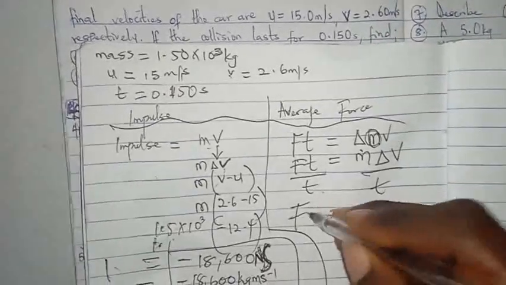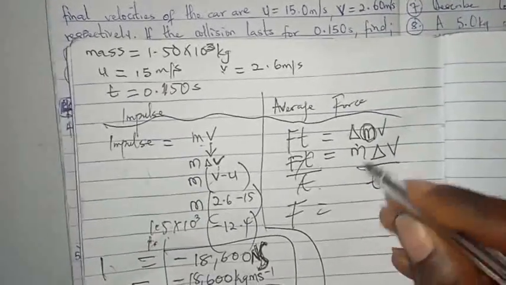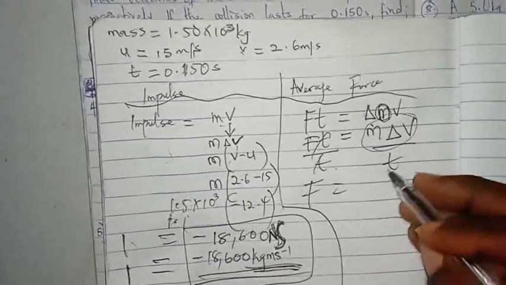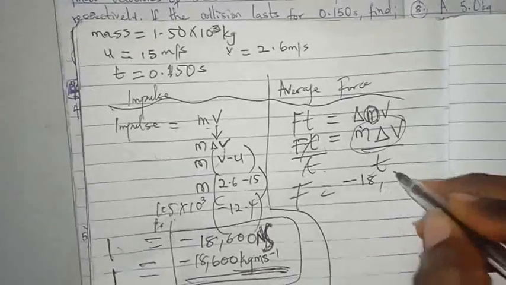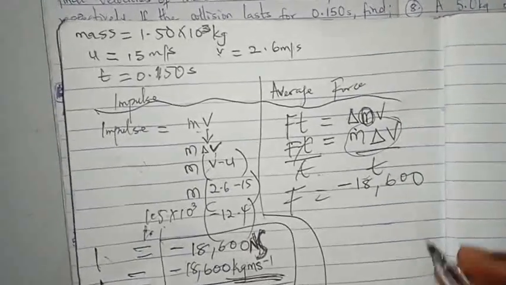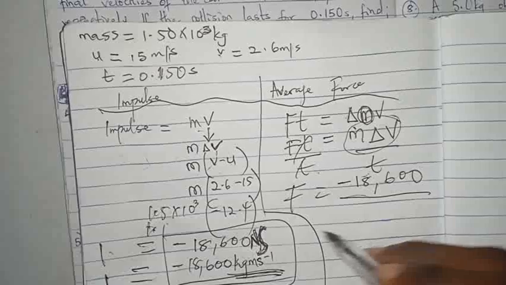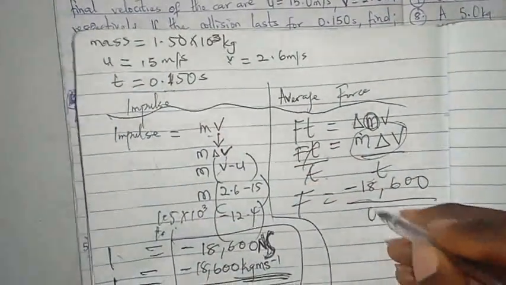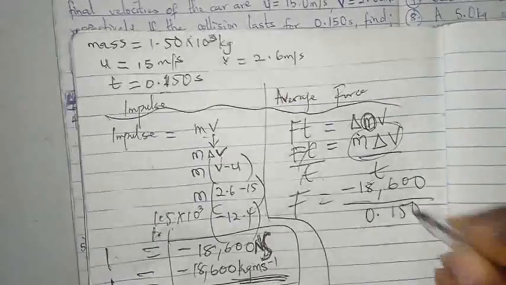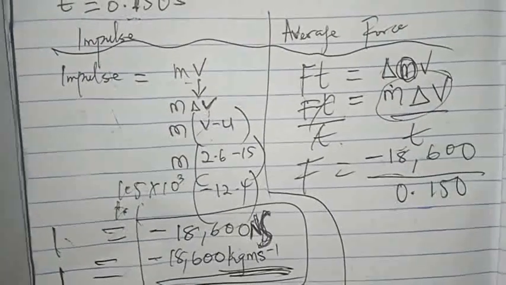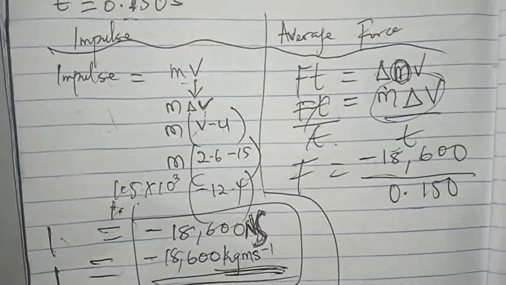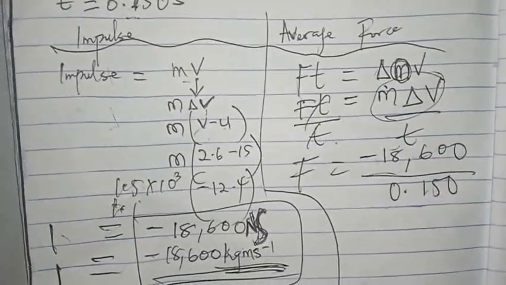So I have F equals to minus 18,600 all over the time. The time given to me is 0.150. So minus 18,600 divided by 0.150.